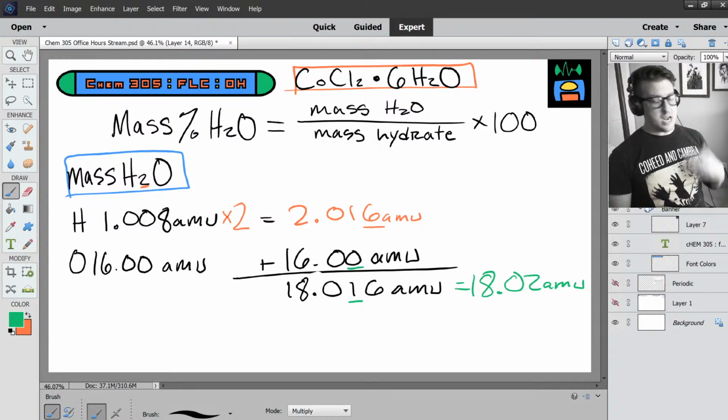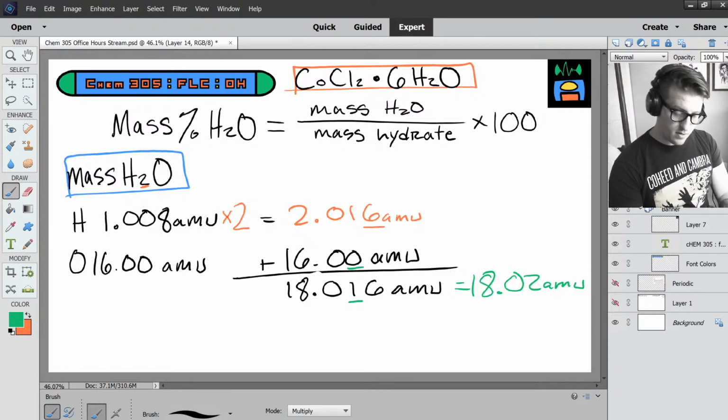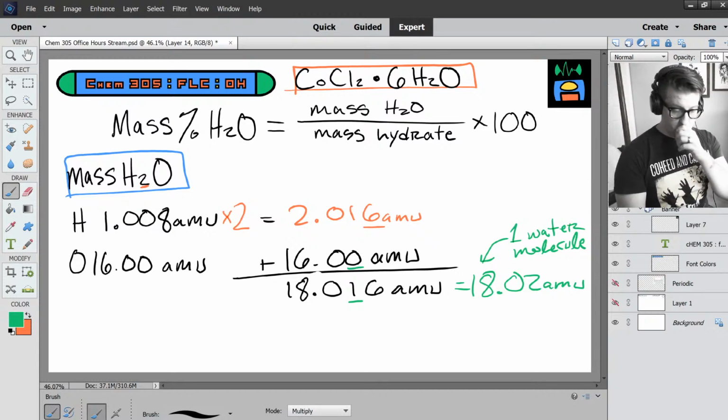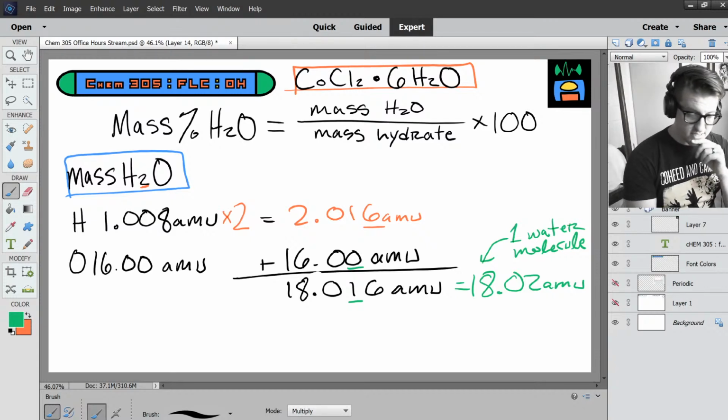Now here's a question. That's the mass of one water molecule. How many water molecules do we have in this hydrate? And the answer is 6.